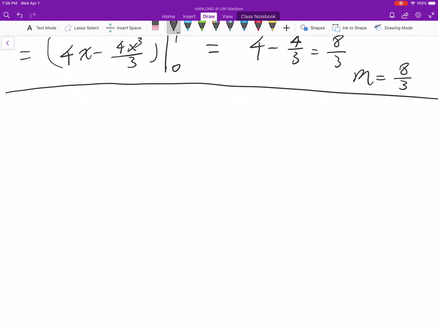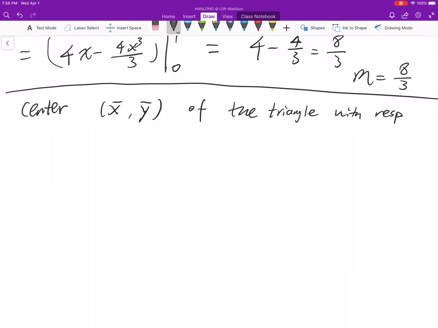Next, we want to calculate the center x bar, y bar of the triangle with respect to the density function rho xy.